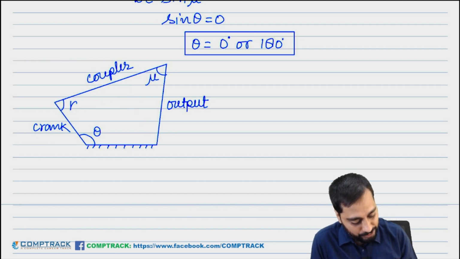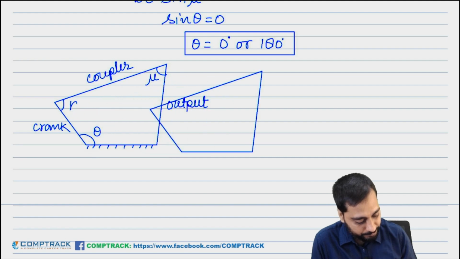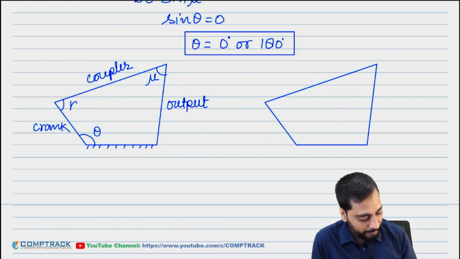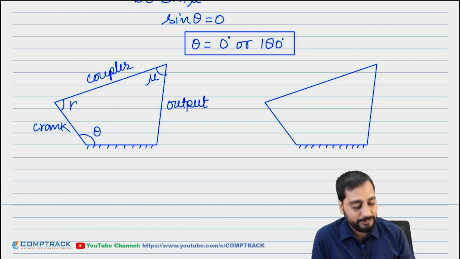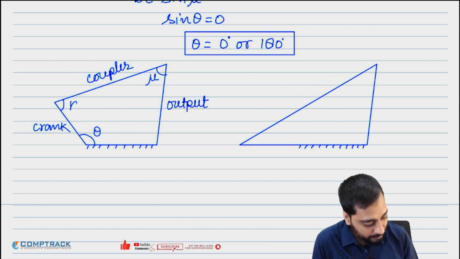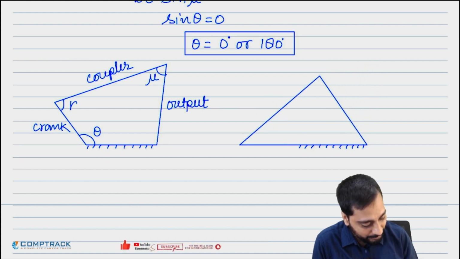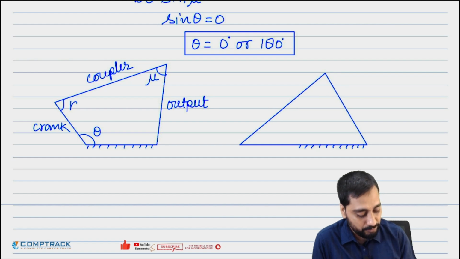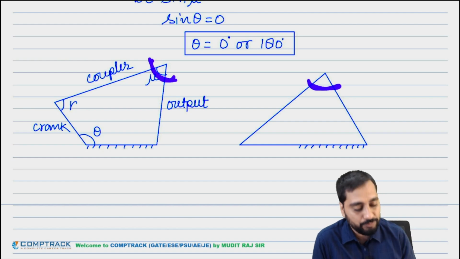I am changing the angle and making theta first, let's say, 180 degrees. When I make theta 180 degrees like this, the transmission angle is increasing. Yes or no? Here the value of transmission angle is less, but here the value is more.